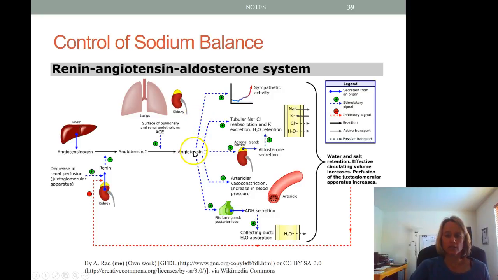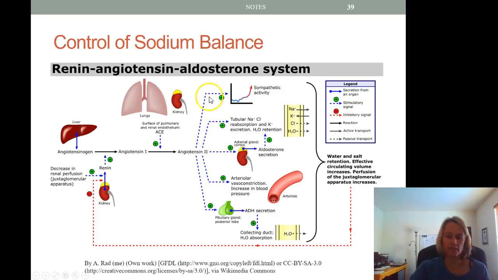Now, angiotensin 2 then acts on the adrenal cortex to cause the secretion of aldosterone. And aldosterone is going to act to increase tubular reabsorption of sodium, and at the same time potassium excretion. So potassium is going to go out in the filtrate, and thus in the urine, and the sodium gets reabsorbed back into the blood.